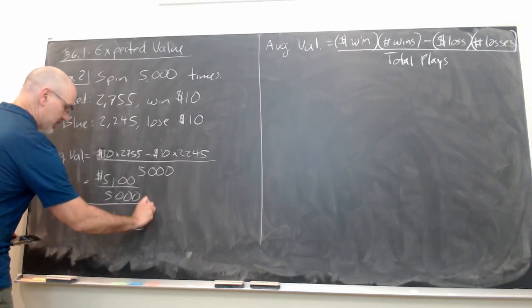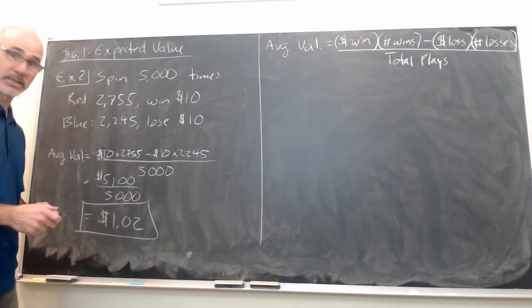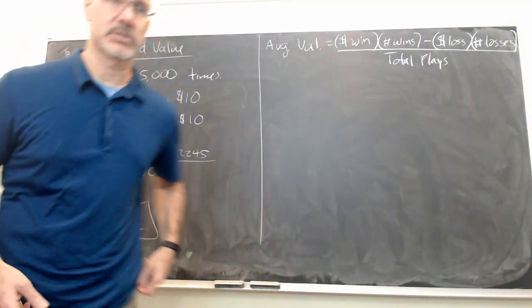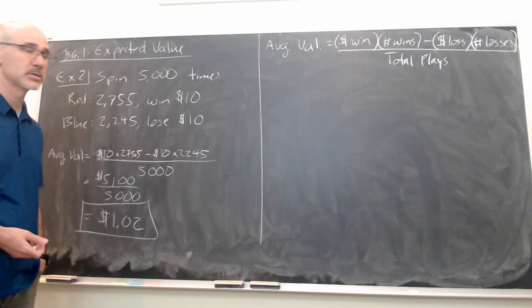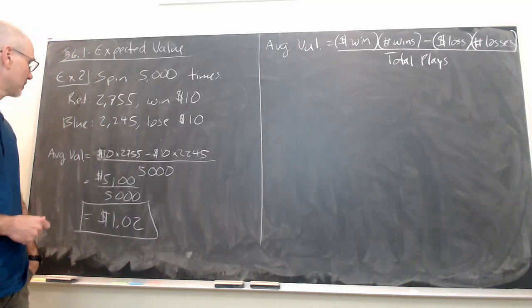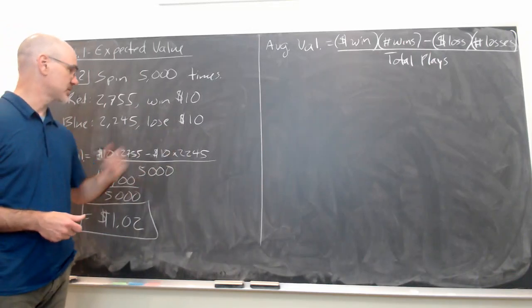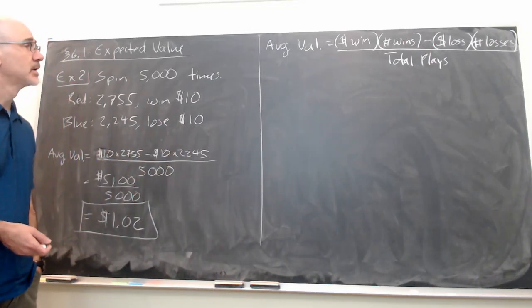So this would be the answer to that second example for the average win if we played this spinner game 5,000 times and won 2,755 times and lost 2,245 times.